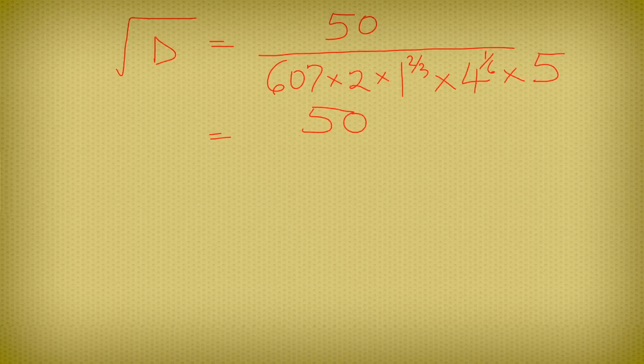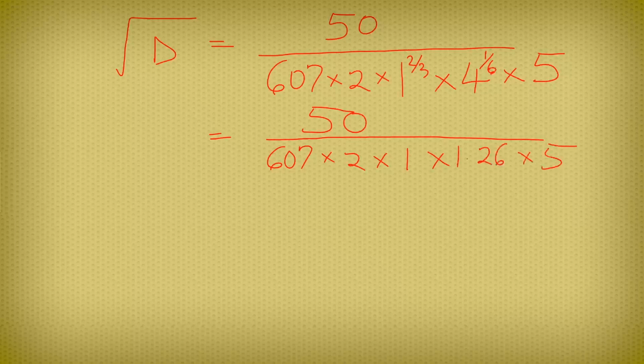So if you do all this multiplication, 607 times 2 times 1 times 4 raised to the power 1 over 6 is 1.26 times 5.